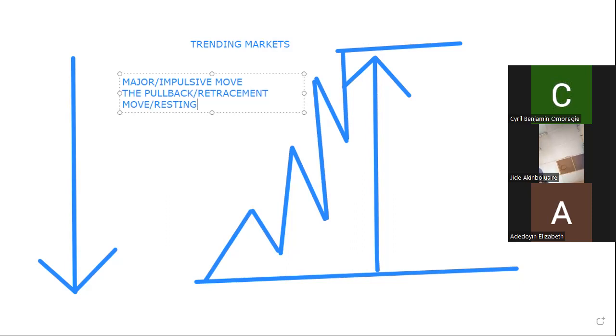So what differentiates the two? Now, still let's write that. The impulsive move is the move that goes in the direction of the trend.